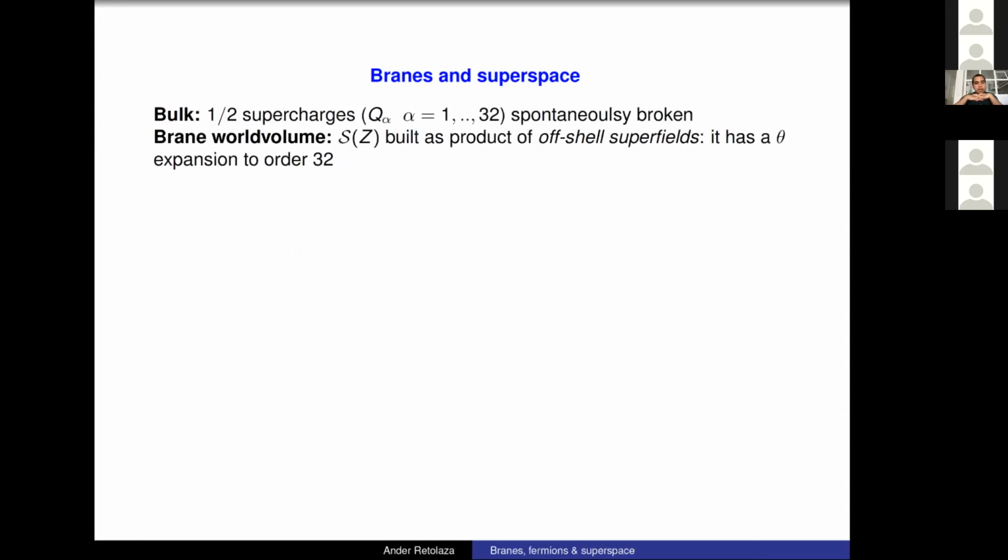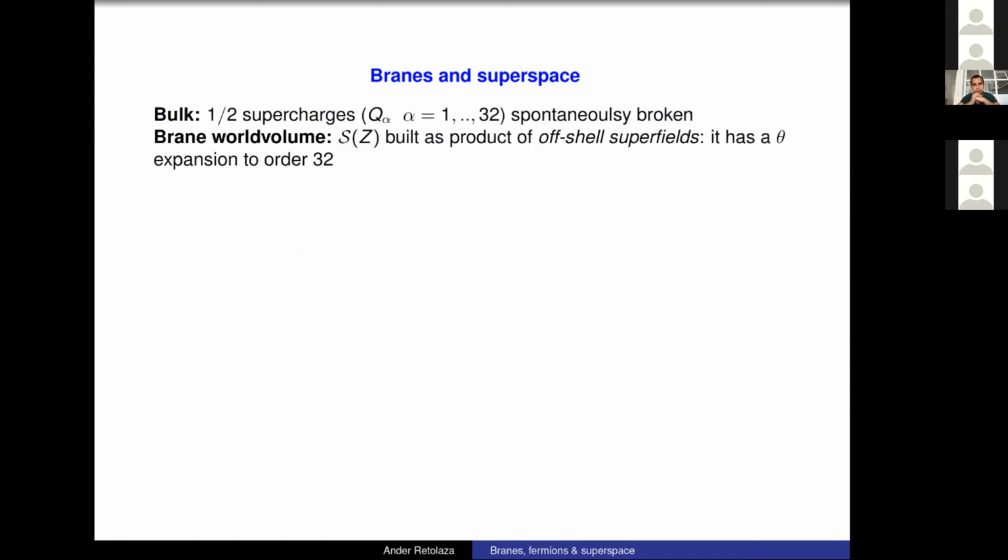And then we have the perspective from the brane world volume, where we build the action of the brane. Before I was talking about M2-branes, but this works for any Dp-brane as well. So what we did is to build the action of this brane using a product of off-shell superfields. We have the off-shell super Vielbein, the off-shell three-form, and so on.